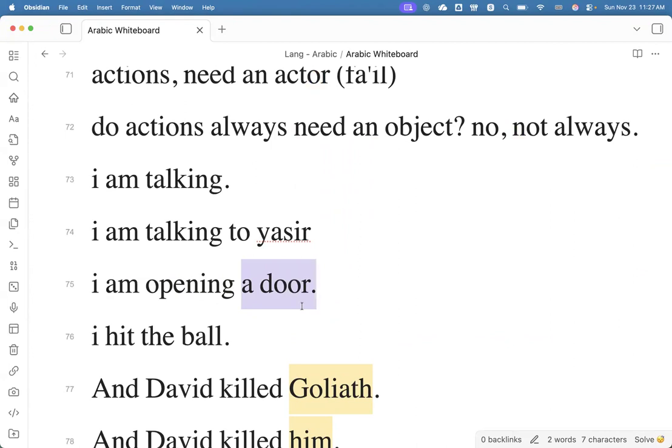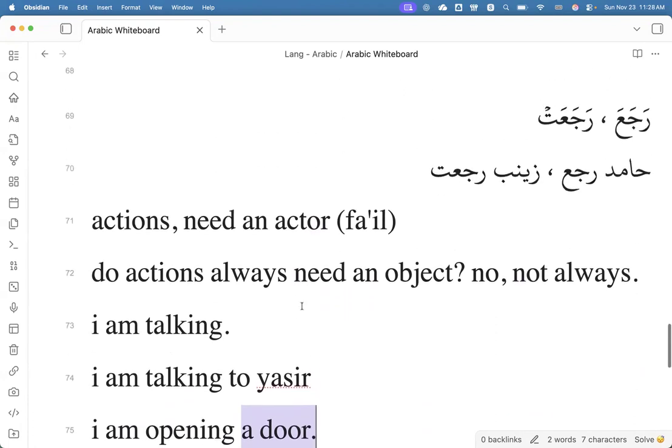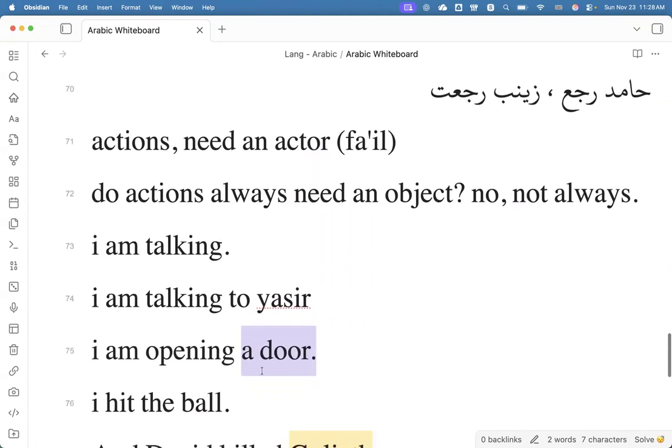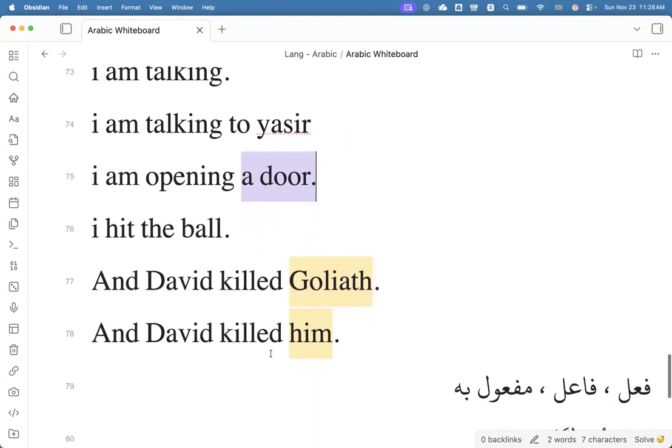We also learned, and we already knew this, that the fa'il, the actor of the verb, sometimes is hidden and sometimes it's apparent, right? And we learned that the object can become a pronoun.